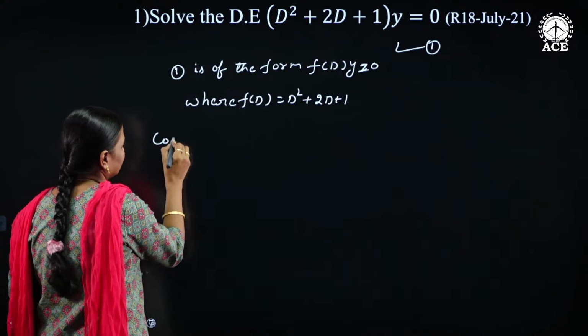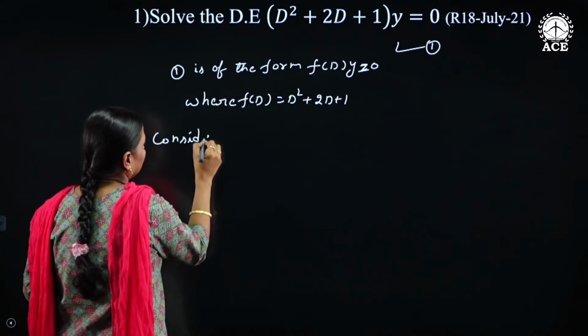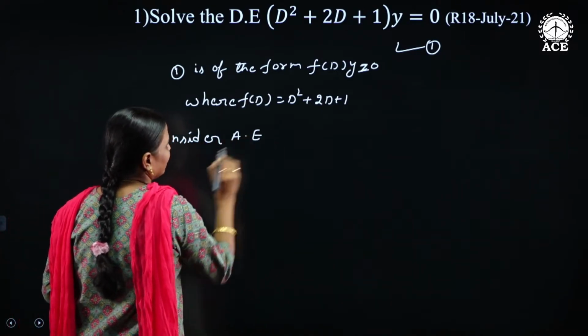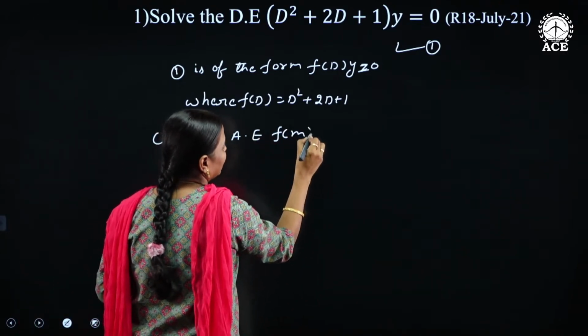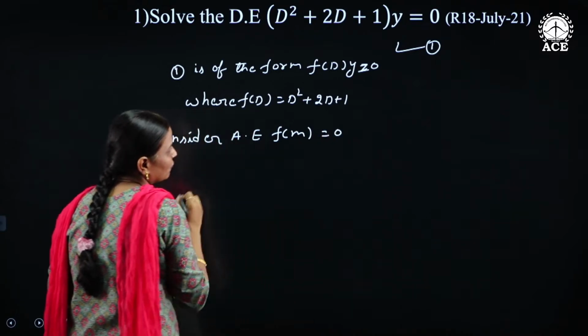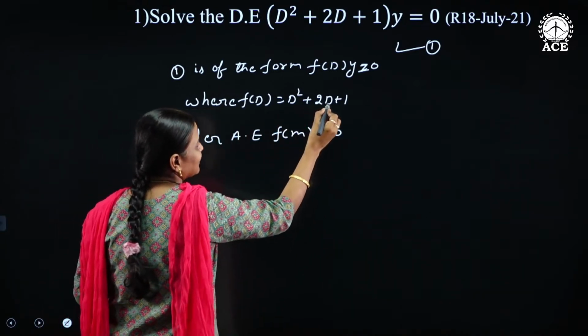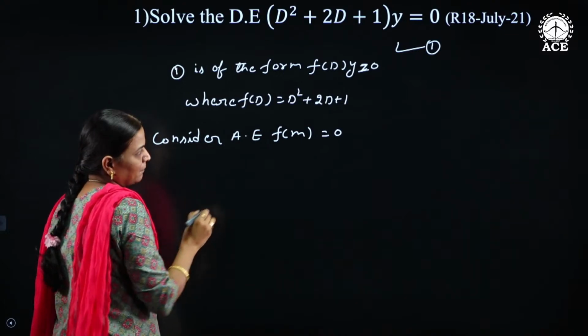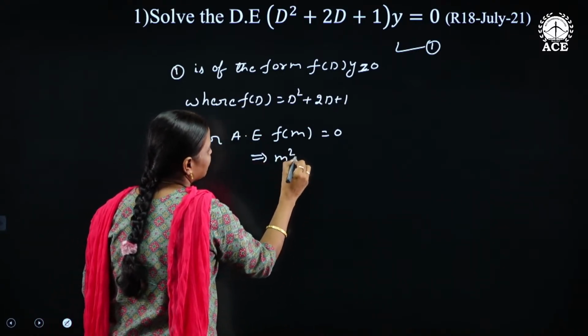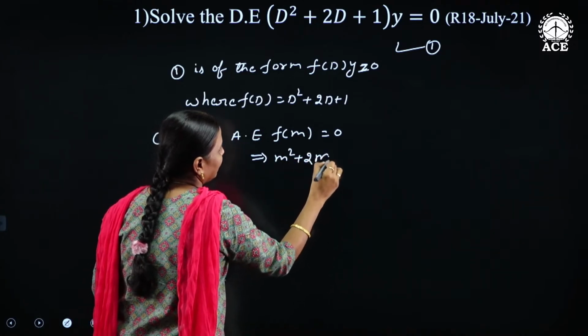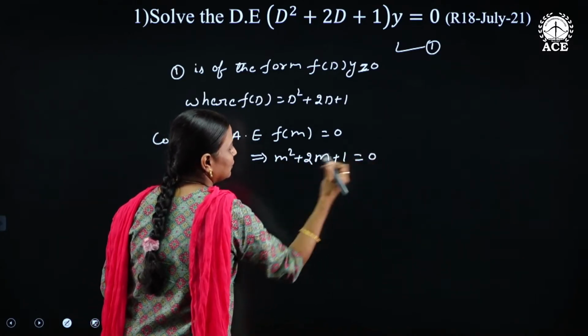So what is f of d? d square plus 2d plus 1. Replacing d by m in f of d, we get m square plus 2m plus 1 is equal to 0.